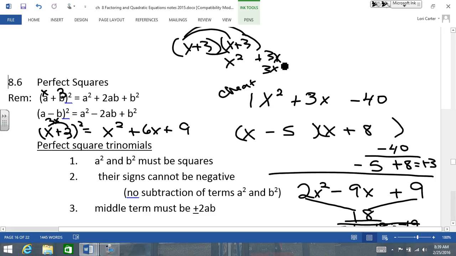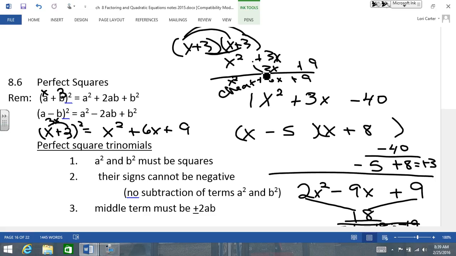Am I always going to have 2 with that middle term? Absolutely always. Then the last one was 9. So it's x squared plus 6x plus 9. First one squared. Second one multiplied and doubled, because there's 2 of them. Last one squared.